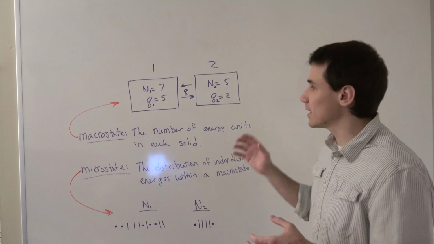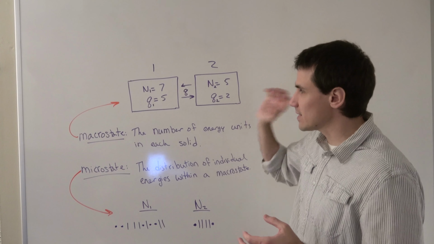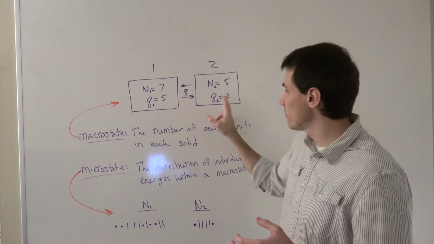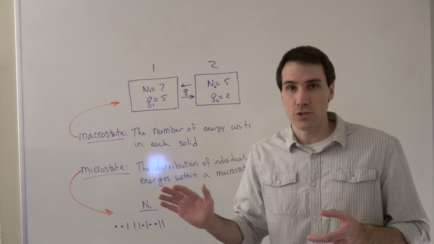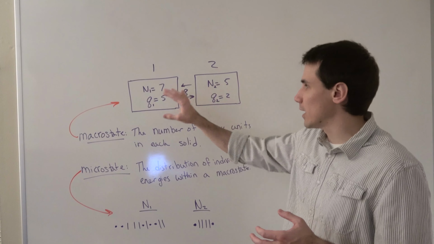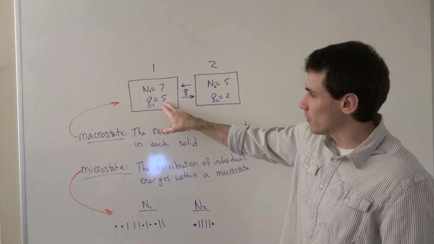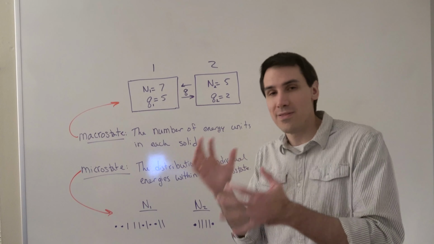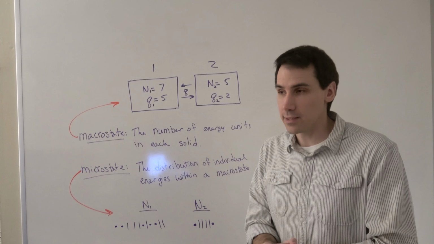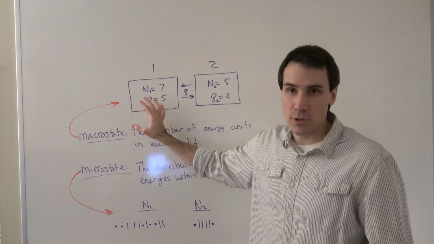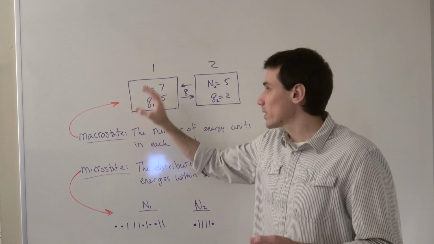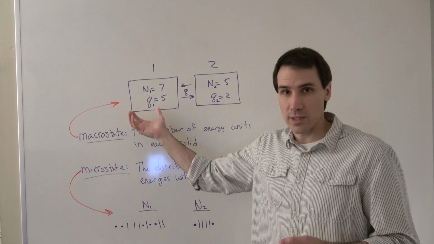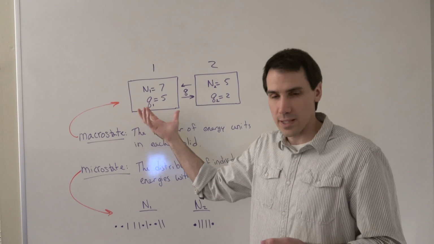The macro state is the state of the system where all I care about is the energy value that each of these 2 oscillators has. So for example, Q1 equals 5 and Q2 equals 2, that is a macro state. I don't care how those 5 units of energy are distributed within the 7 oscillators within my first solid.